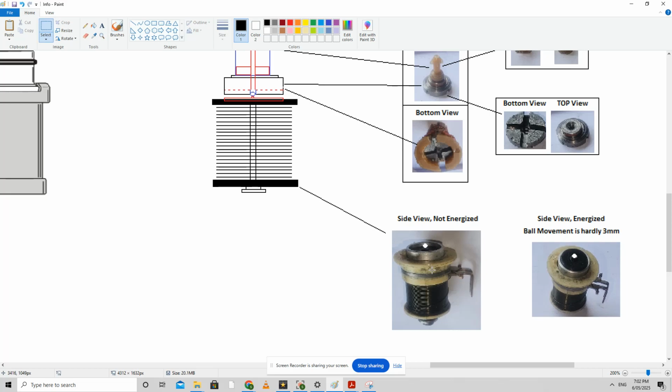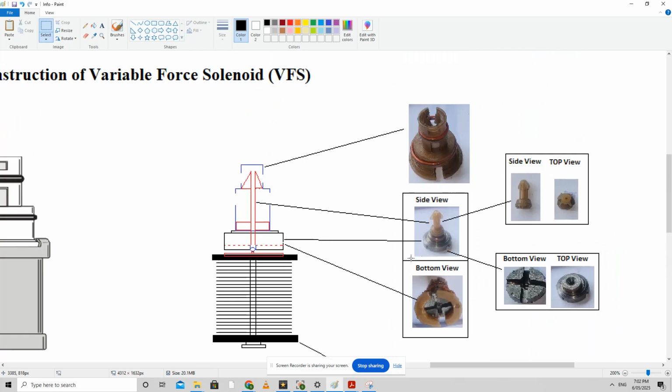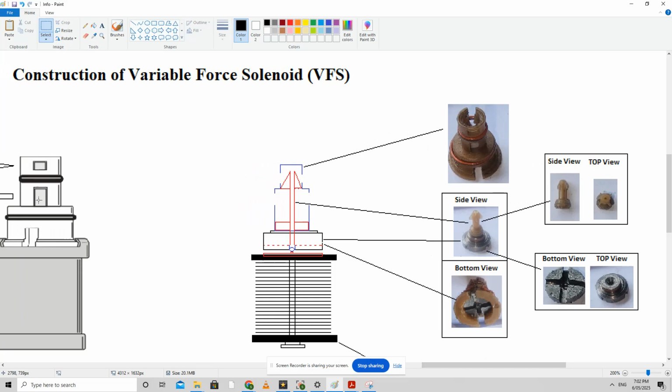Looking at all this, you can see, based on this description, that these two chambers, the top one and the middle one, are ideally and usually connected without any obstruction.